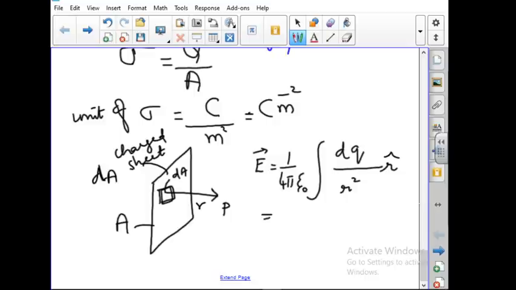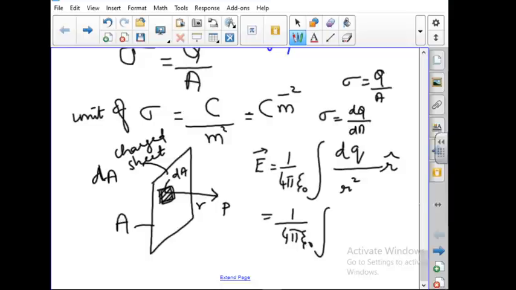What is dq? It is the charge within this very small area. We know sigma is equal to Q by A. For a smaller charge, it is dq by dA.